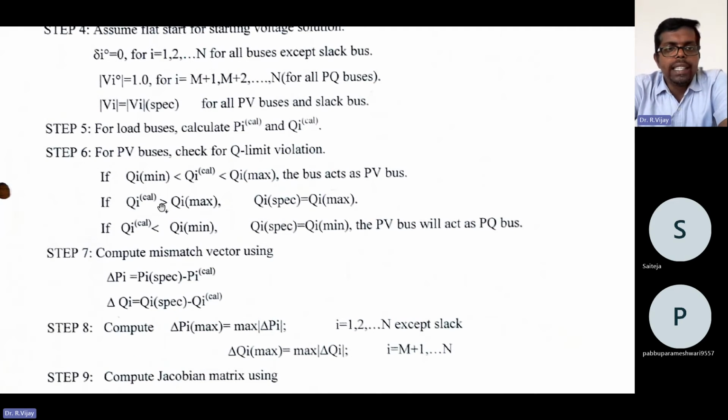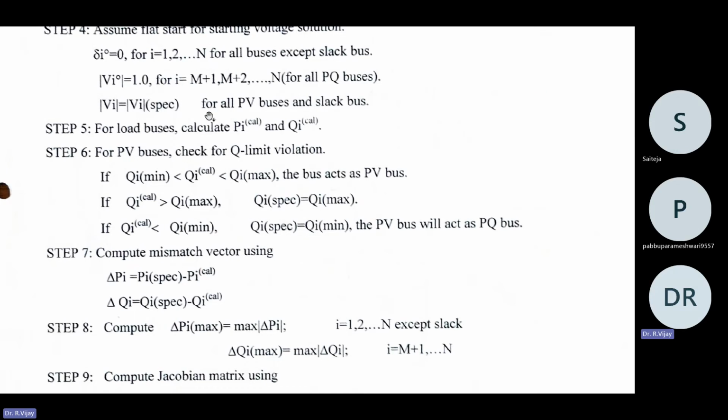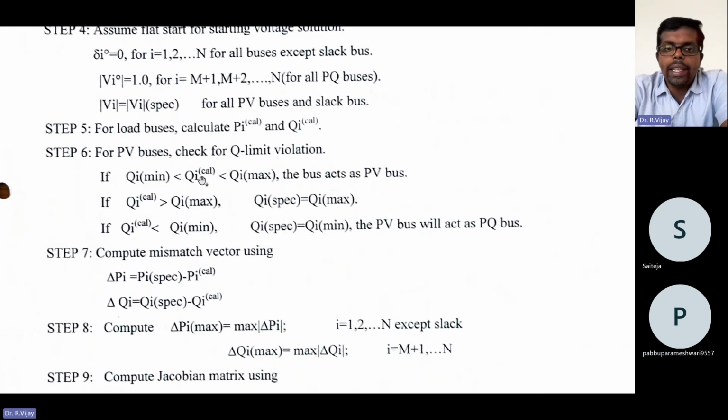Next, step number 6, for PV buses, check for the Q limit violation, that is the reactive power limit violations. If QI minimum is less than QI calculated, less than QI maximum, that is, the QI calculated value is within the minimum and maximum operating limits, then the bus acts as a PV bus.